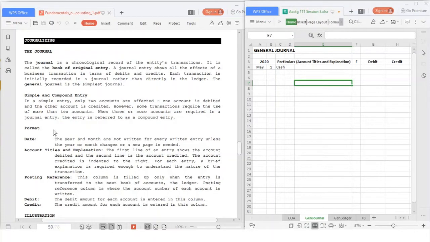In a simple entry, only two accounts are affected. One account is debited and the other account is credited. So, that is a simple entry: one account debited, one account credited.